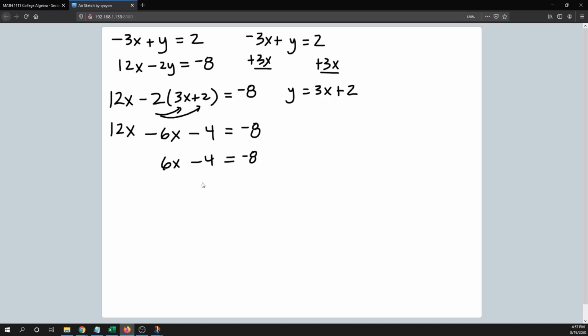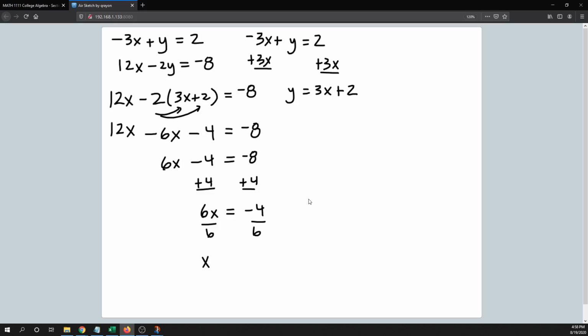Next, now that each side is as simple as I can get it, I want to add and subtract from both sides to get every term with an x on one side and every term without the x on the other side. So I'll have 6x on the left side, and here I will have negative 4. Then divide both sides by 6.